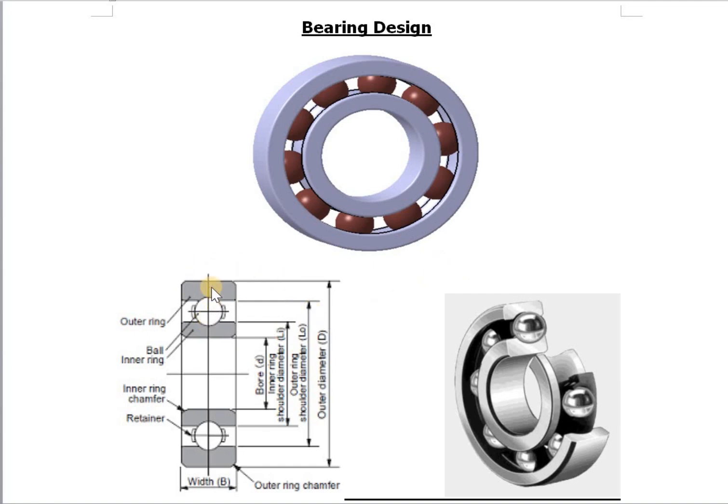Also, some digits indicate the load series and the type of the bearing.